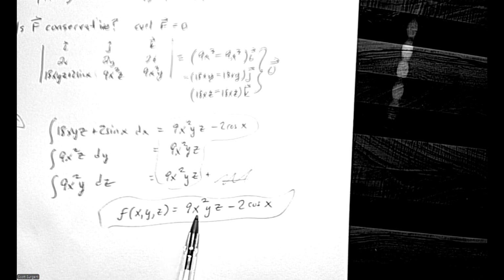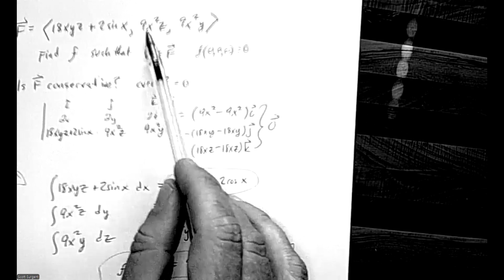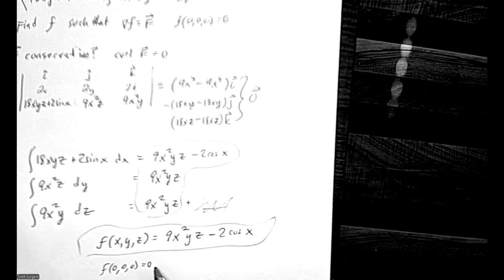You can check that by taking its partial derivatives with respect to x, y, and z, and you should get the original vector field. As far as making sure that the origin gives you 0, you just plug in. Let's see what happens when you want f of 0, 0, 0 to be 0.